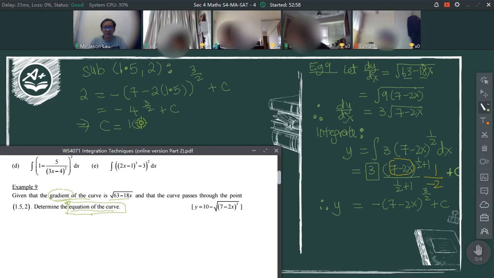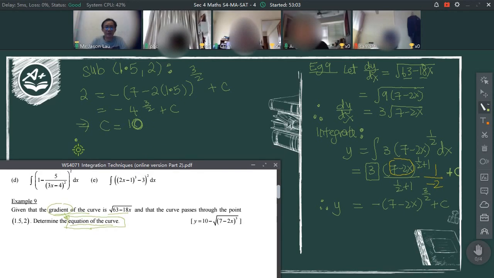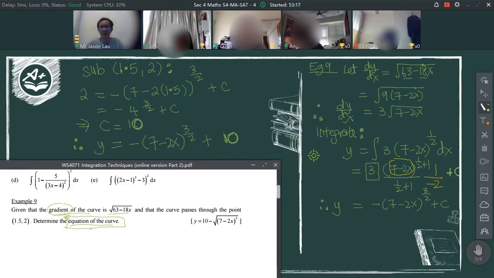Then, okay, you find your c to be 10. Therefore, finally, the equation of the curve will be this, with the c replaced by 10. Yeah, so this will be your example 9.